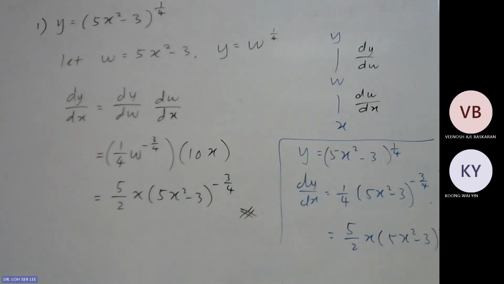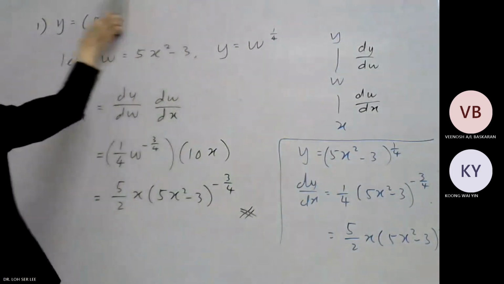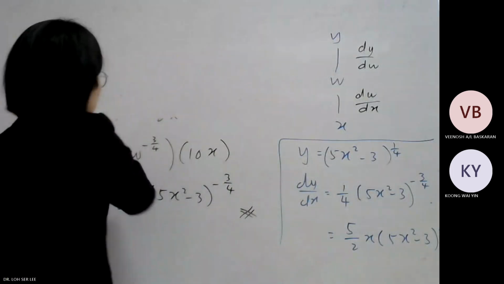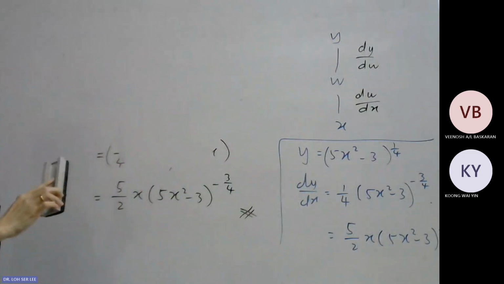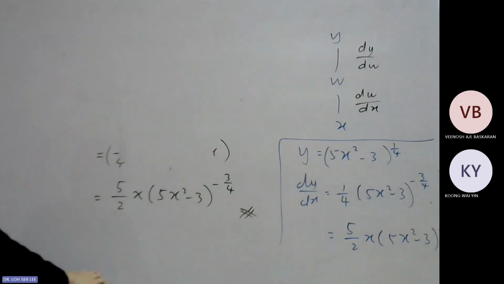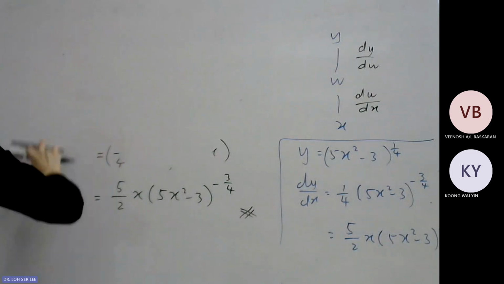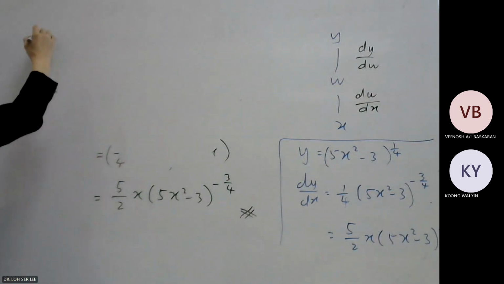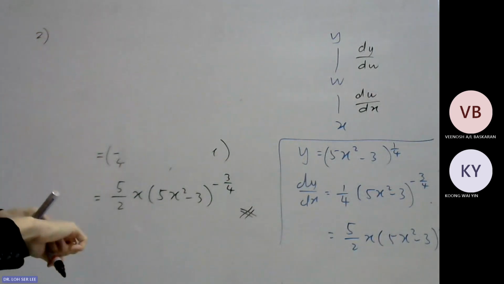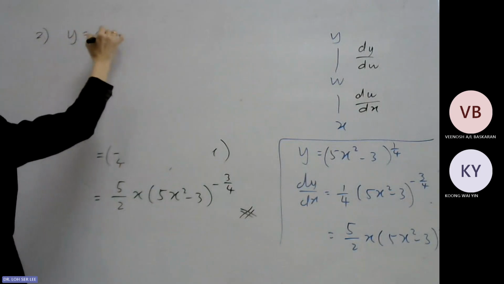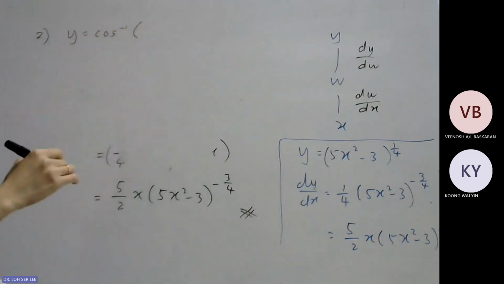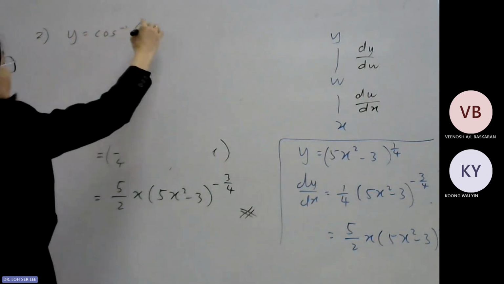Okay, now we look at number 2. Number 2, y is of course 4x plus 3.